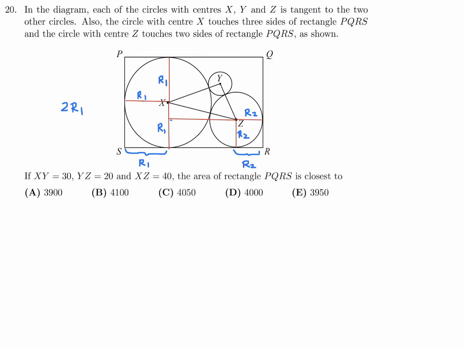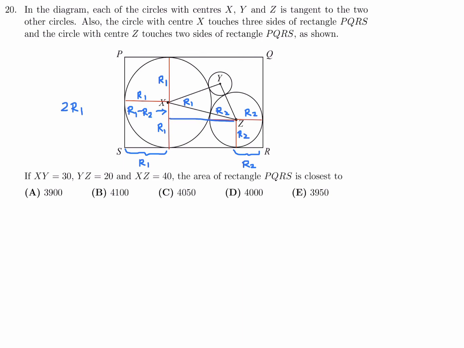And that part is the same as this part. Now that's going to be a Pythagorean relationship right there, because this is a right angle. So this hypotenuse looks like R1 and R2, and then this segment here looks like R1 minus R2.